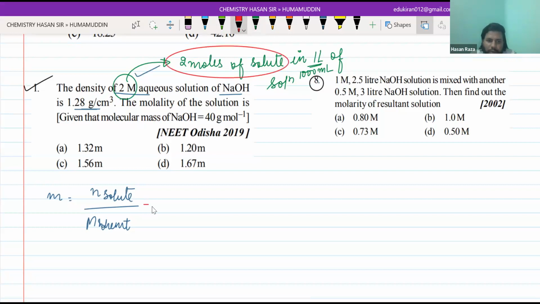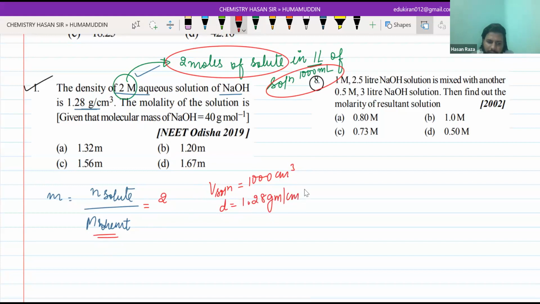That means the number of moles of solute is calculated, that is your 2. Now we need to write the mass of solvent in kg. As you can see, 1000 ml of solution is the volume of solution. You can write ml as 1000 centimeter cube if you want, because 1 ml is equal to 1 centimeter cube. And density is also given, 1.28 gram per centimeter cube.